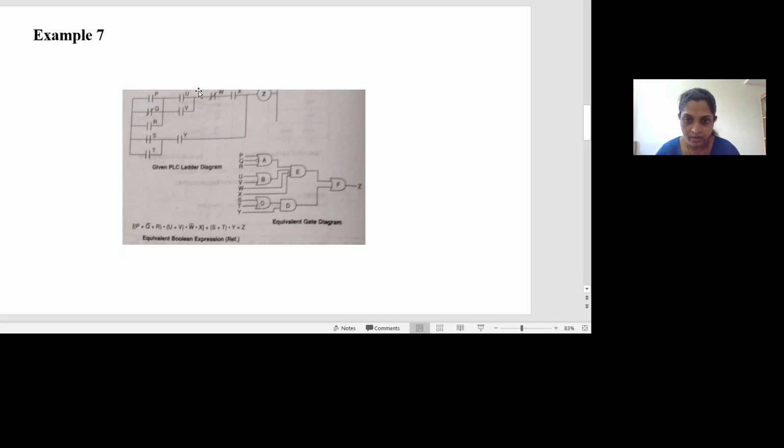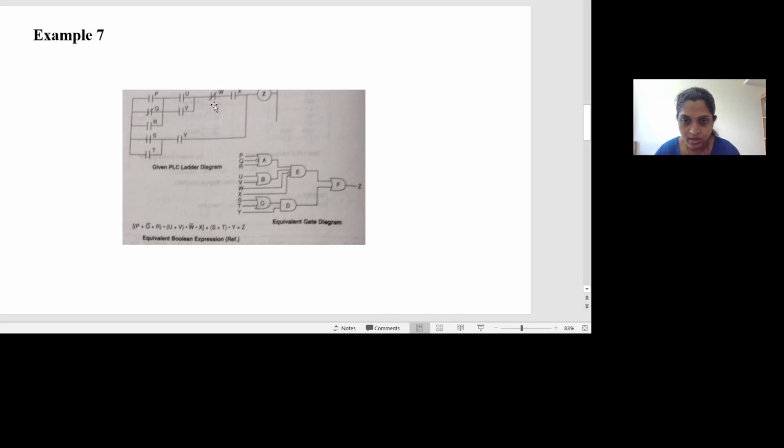Now go back to the first rung here. Here you see I have taken W and X. W is a normally closed contact, so this input has to be bubbled in the logic diagram.